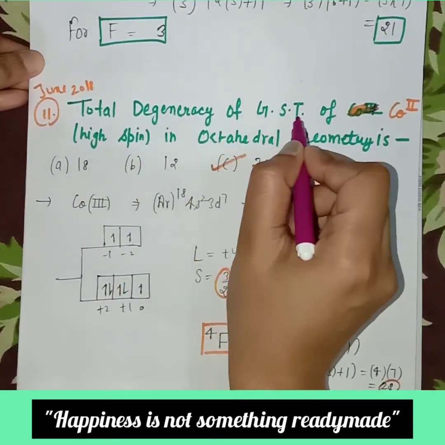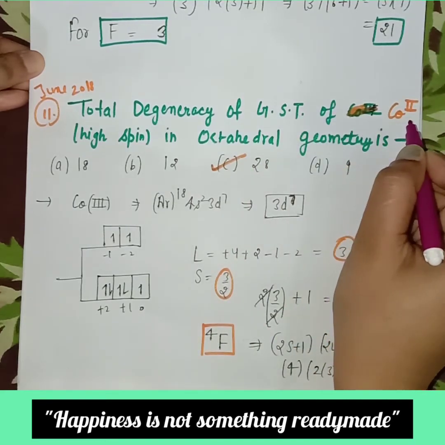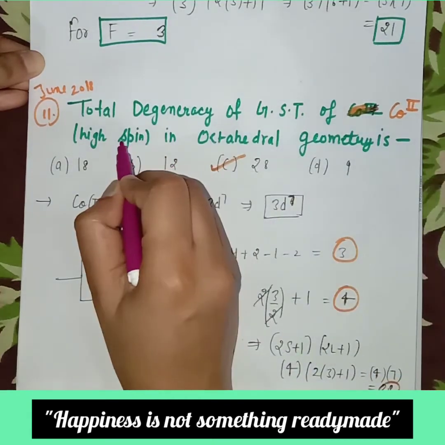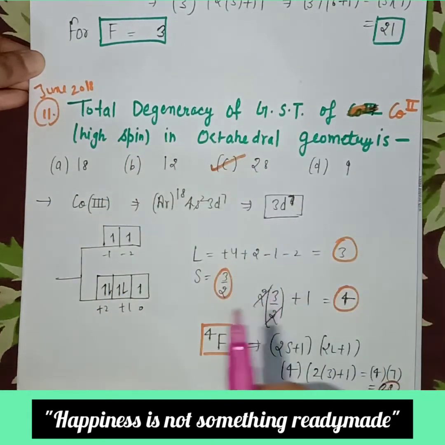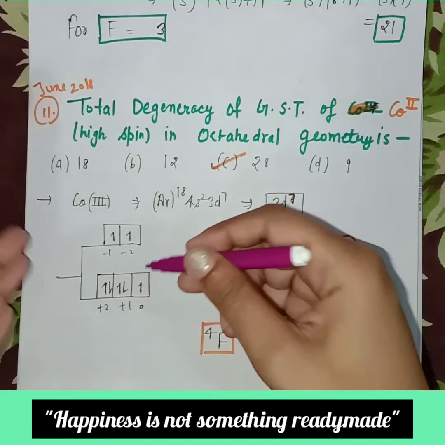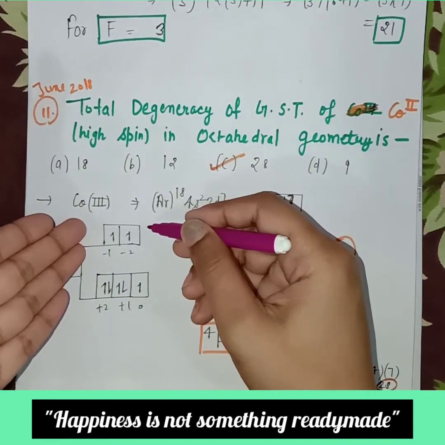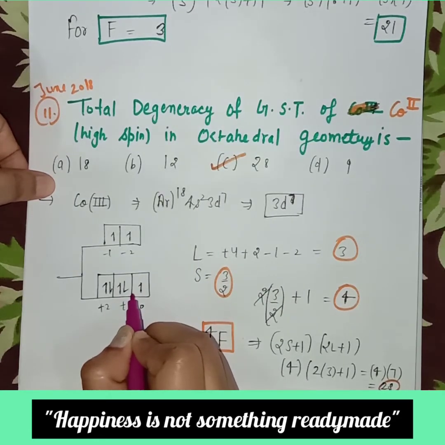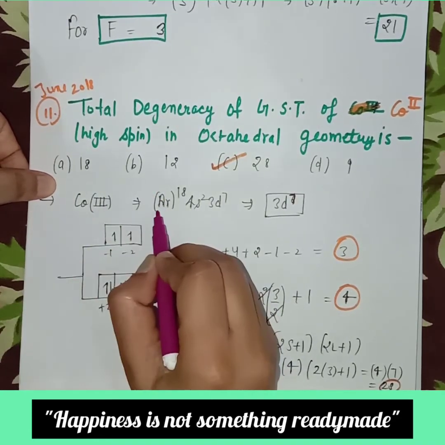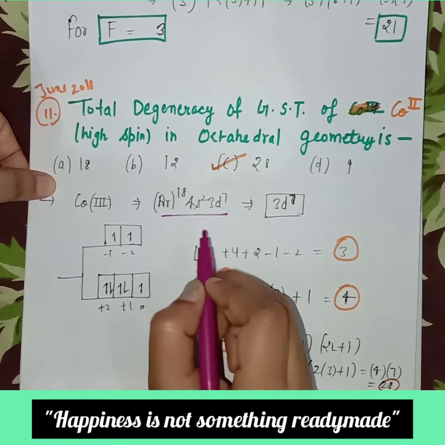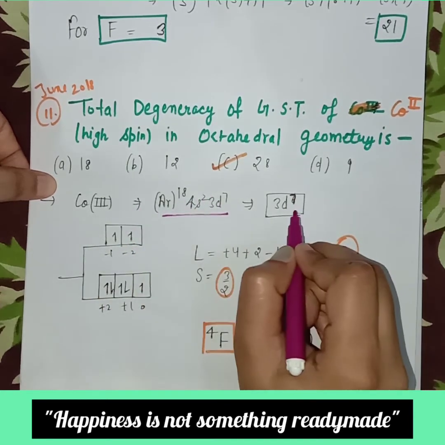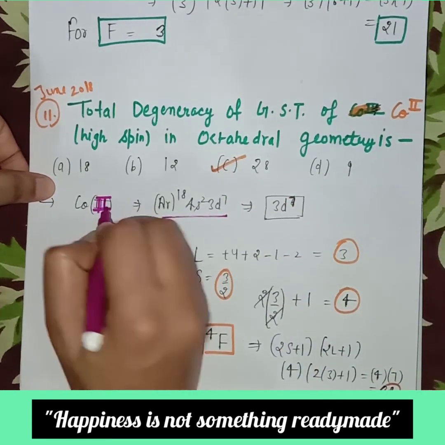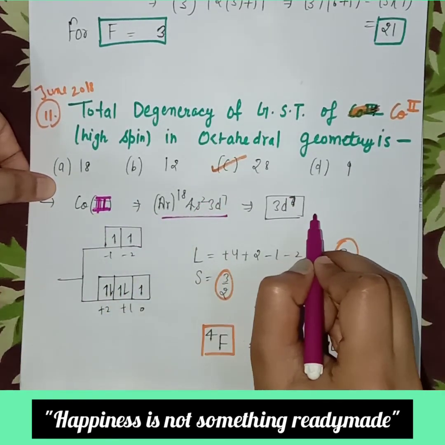Total degeneracy of the ground state term of cobalt 2 positive in octahedral geometry is. Here we are talking about high spin. High spin means that among the lower and higher energy orbitals, the higher ones will fill first, after that pairing will start. So for cobalt 3 positive we have this electronic configuration and after removing 3 electrons, sorry it is 2, after removing 2 electrons it becomes 3d7.